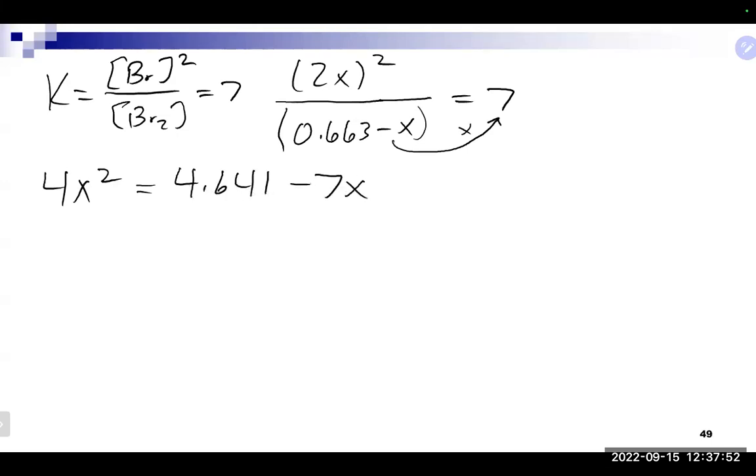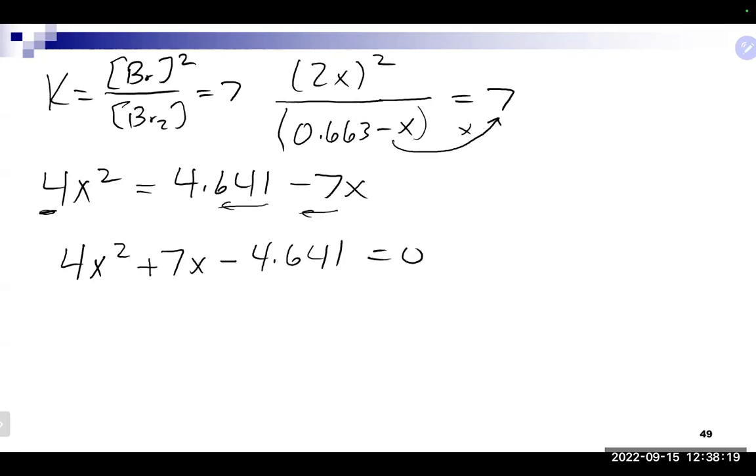At this point, to solve it mathematically, we are heading towards the quadratic formula here. That means we need to get everybody to the same side of the equal sign. I'm going to bring everybody back this way. That keeps this guy positive. You don't have to do that, but most people like to keep it positive. So that would give me 4X squared plus 7X minus 4.641 equals 0.